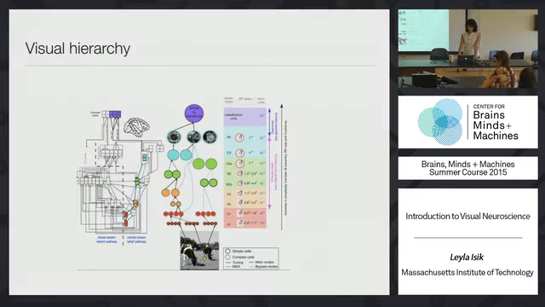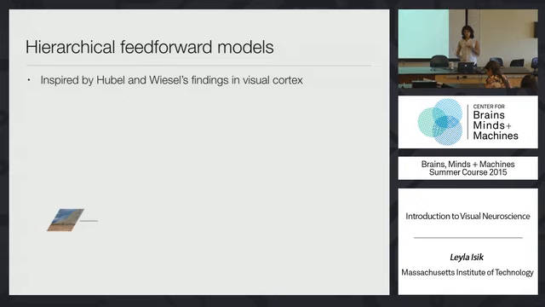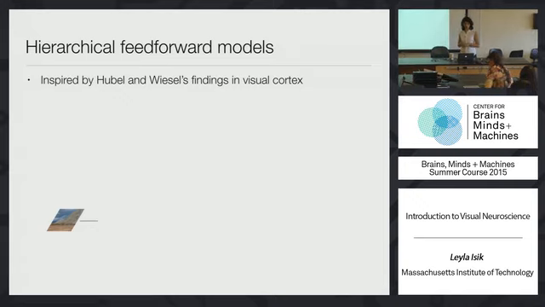The other thing I wanted to talk about was hierarchical feed-forward computational models of the visual system, because Tommy mentioned this briefly, and I think it'll tie into a lot of the computer vision work you'll hear about. These are inspired by Hubel and Wiesel's findings in visual cortex.